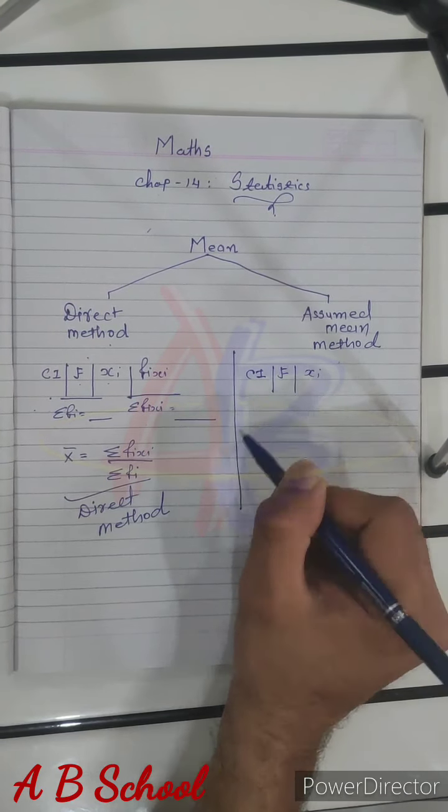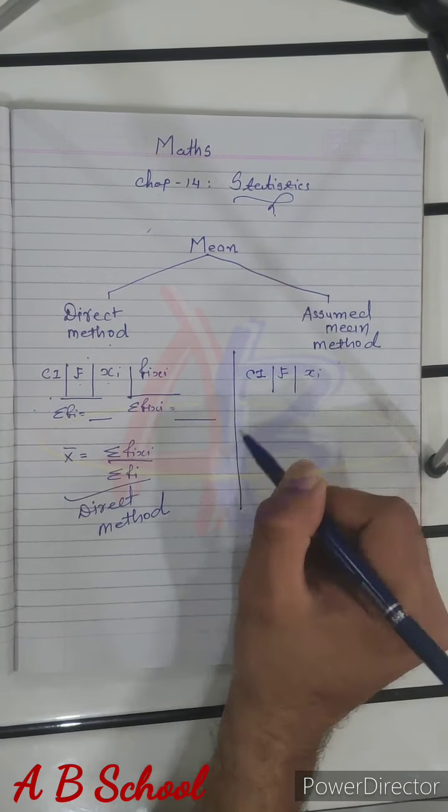Now we'll find di is equal to xi minus A. And thereby lastly we're going to multiply fi into di. From here we'll have summation fi di, the addition of all the numbers, and here we'll have summation fi.